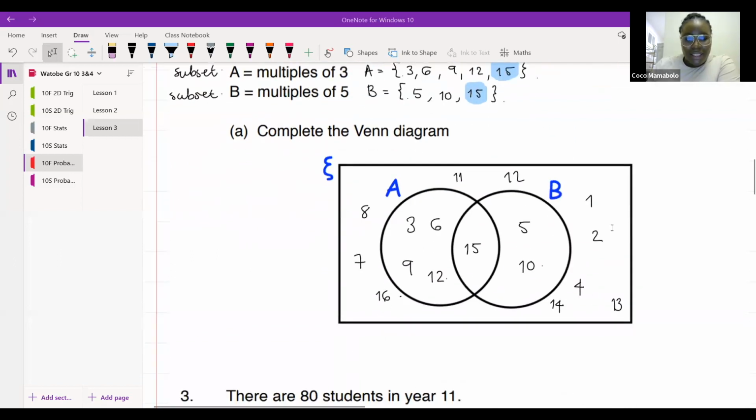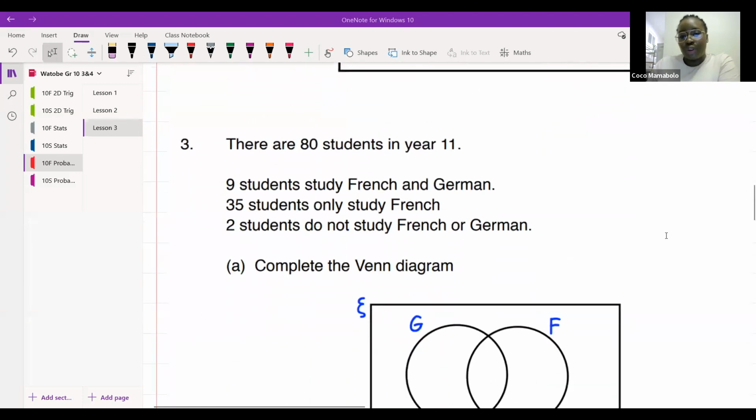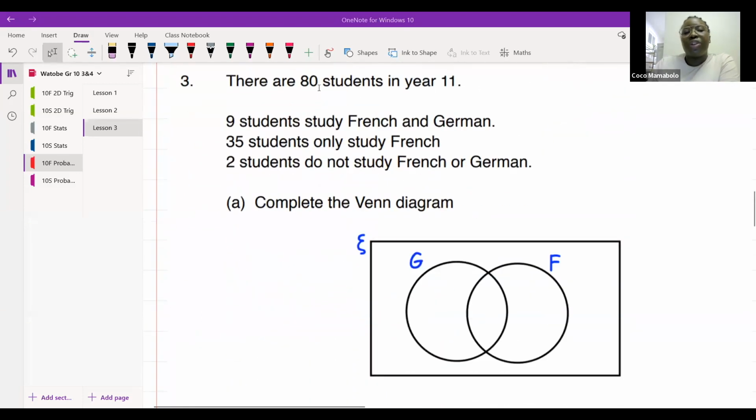In the next one that we're going to do, you're going to see that we don't actually need a sample set of specific numbers, we're just counting people. So whatever we put in each of the circles will just be a number, not different numbers.